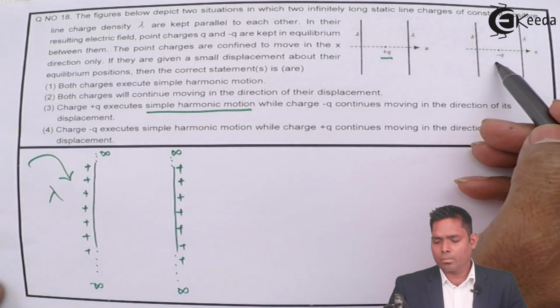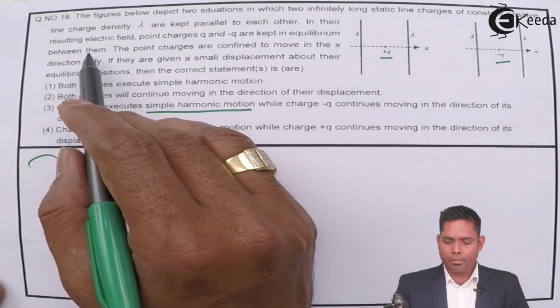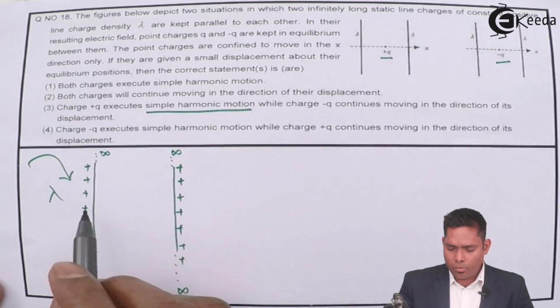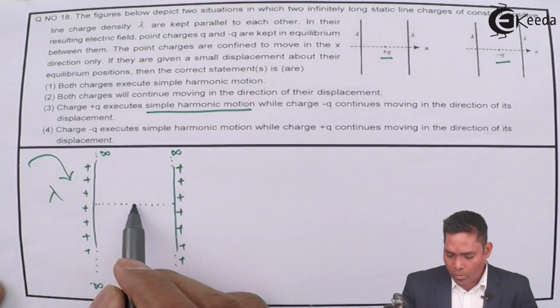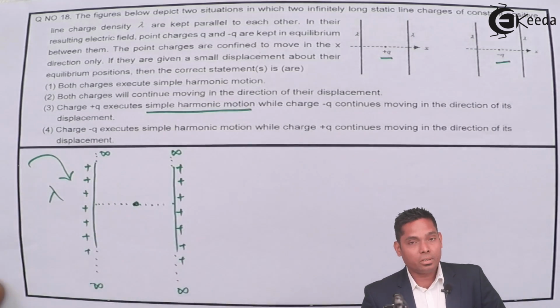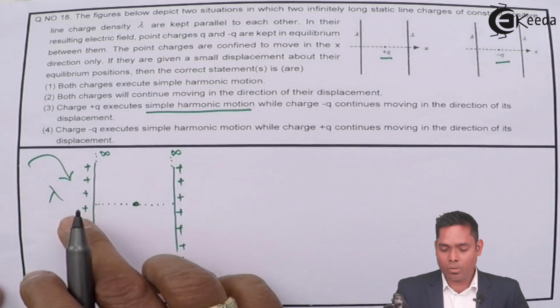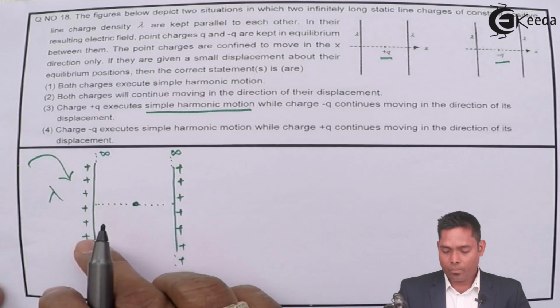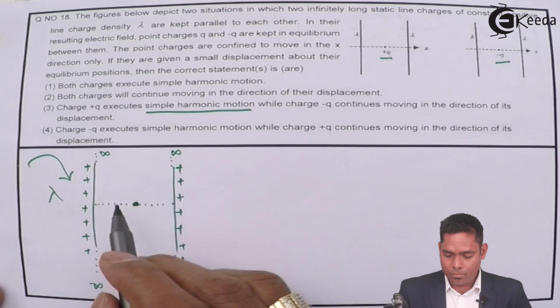In another situation, minus Q is kept in equilibrium between them. So if I consider the point, obviously it should be the midpoint, because these two lines have equal charge density. So only at the midpoint will it be in equilibrium.